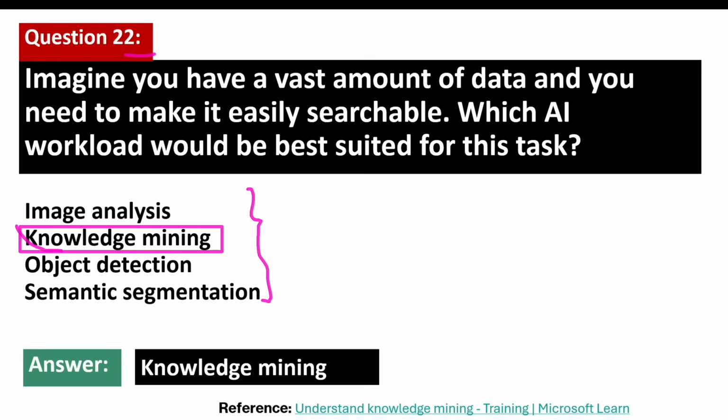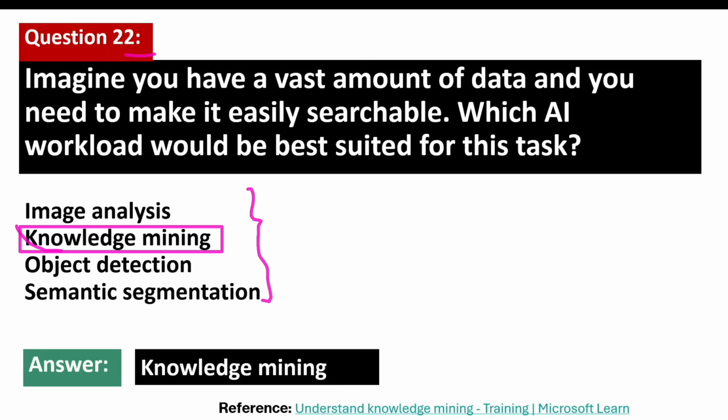By leveraging AI technologies such as natural language processing, machine learning, and computer vision, knowledge mining can sift through unstructured data like text, documents, images, and videos, and structured data like databases to uncover hidden patterns, trends, and relationships. Some of the benefits of knowledge mining include enhanced data discoverability, improved decision making, and increased efficiency.